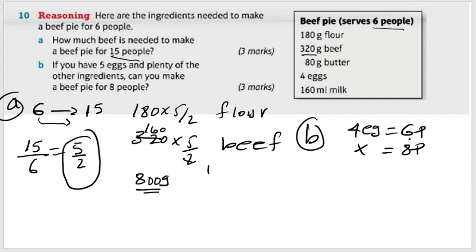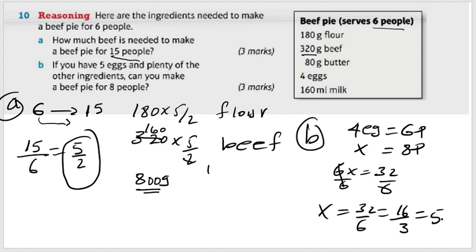If we multiply crisscross, 6 eggs is going to be 4 times 8, which will be 32. If you divide by 6 both sides, how many eggs are needed for 8 people? It will be 32 over 6, which is 16 over 3, that will be 5.33.